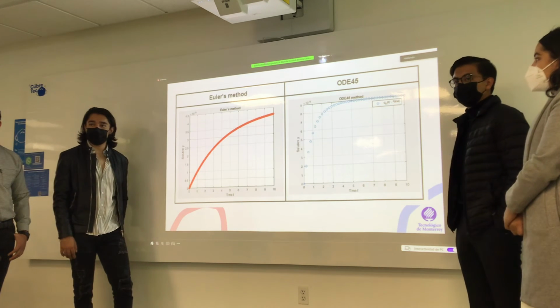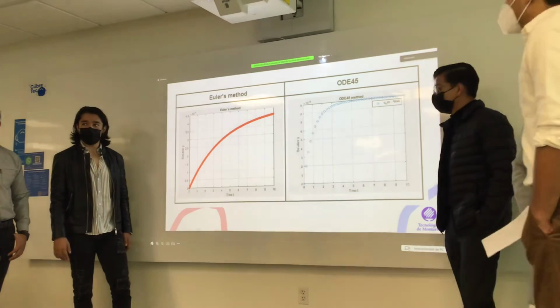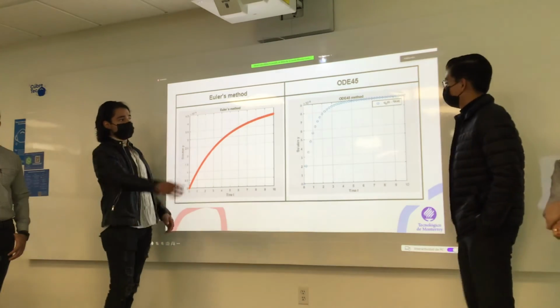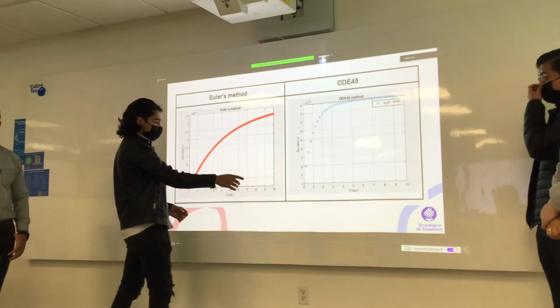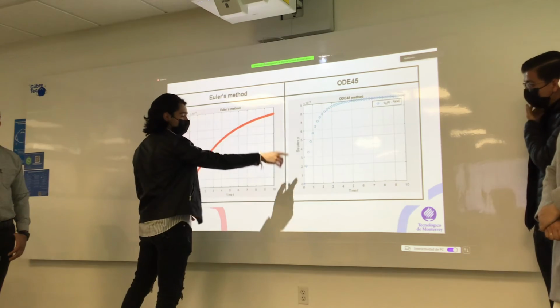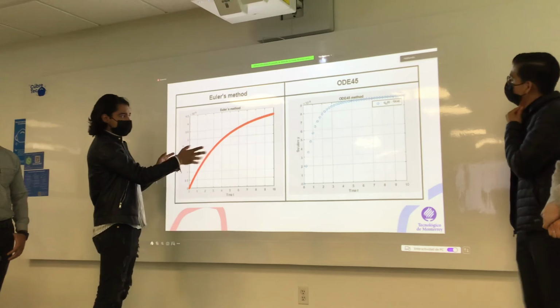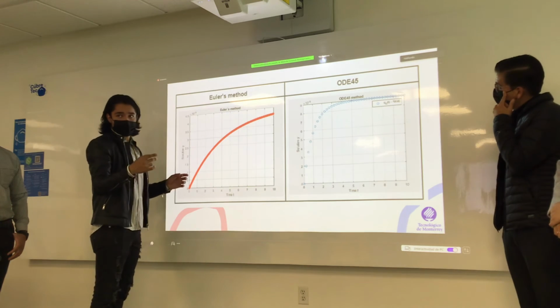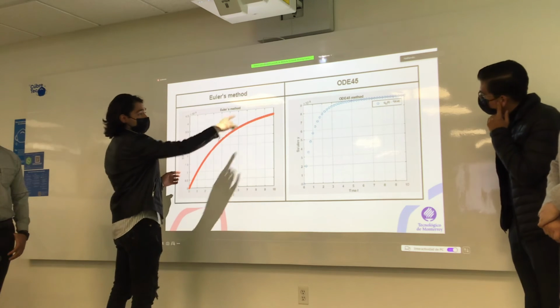I don't know if anyone wants to comment, but for Alberto, I don't know if you can comment on this. Yes, that's because the ODE method rises exponentially. As you can see, it has a bigger increment at the beginning than Euler's method, and consequently it rises to this value.